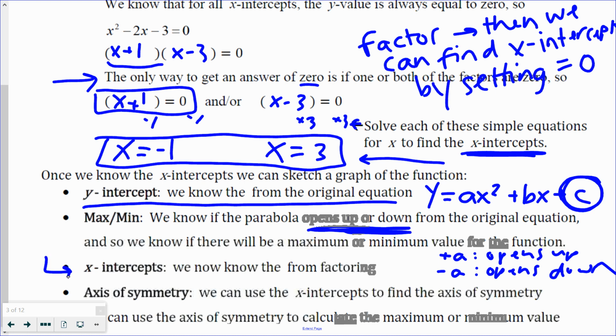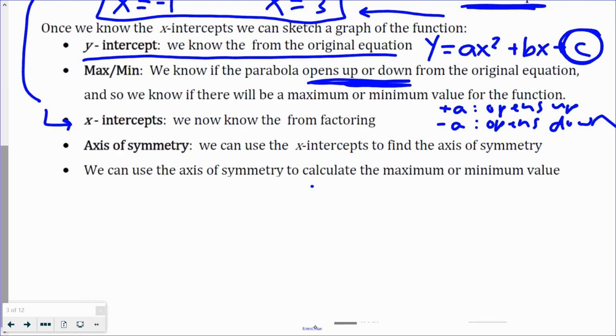The x-intercepts we know from factoring up above. And the axis of symmetry, we did this kind of on the front page, that once we have the x-intercepts, we can find the axis of symmetry.